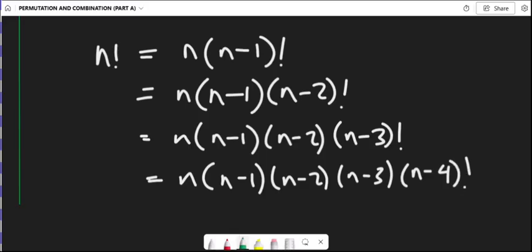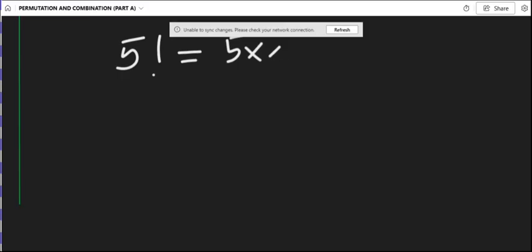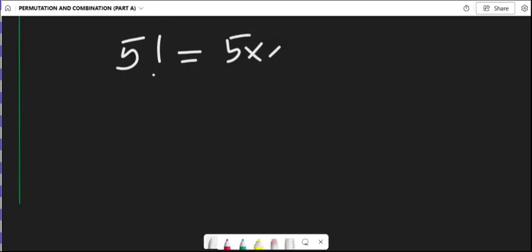So a quick one, let's give an example that involves factorial. Let's assume I have 5 factorial. For 5 factorial, it means 5 multiplied by 4, then 3, then 2, then 1. This is how you write 5 factorial.